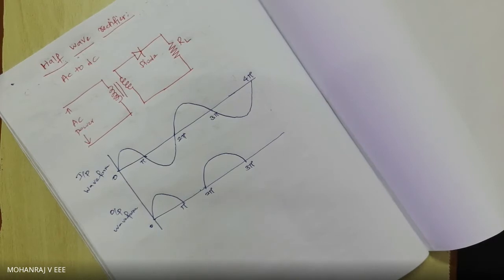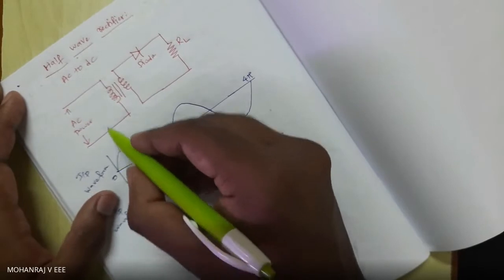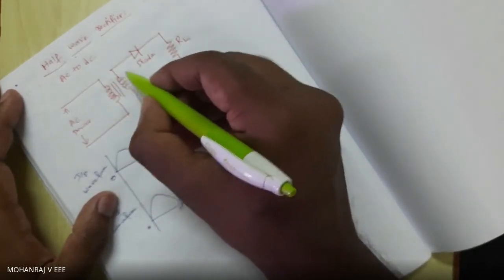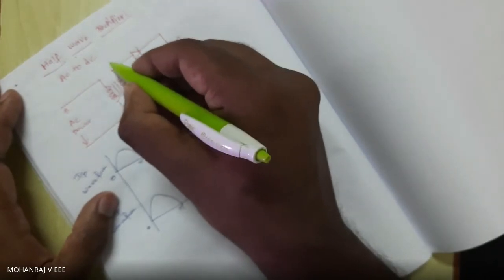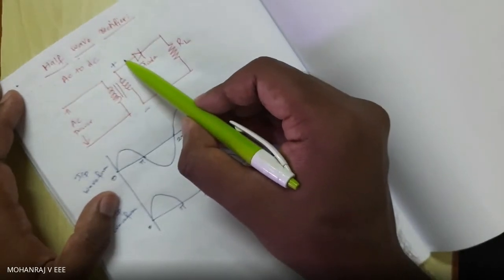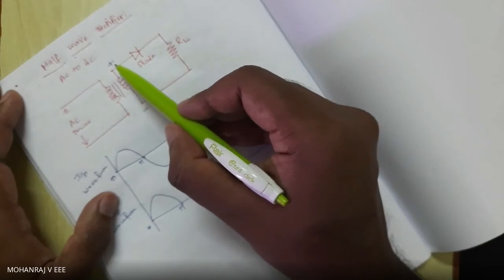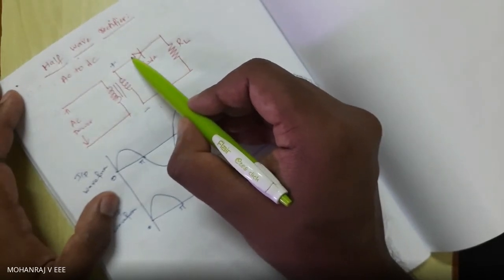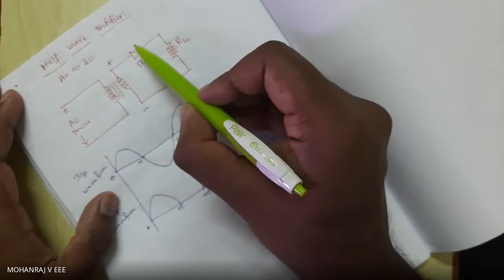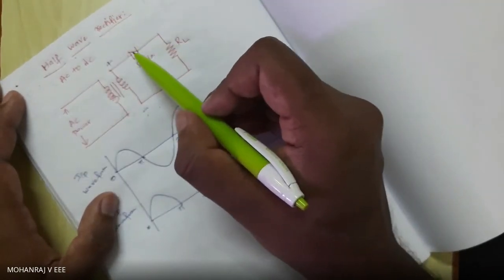Now, how does this happen? Say you give an AC waveform as input. For the positive cycle, this terminal is positive and this terminal is negative. Positive is connected to the P side, and negative is connected to the N side. So the diode gets forward biased.